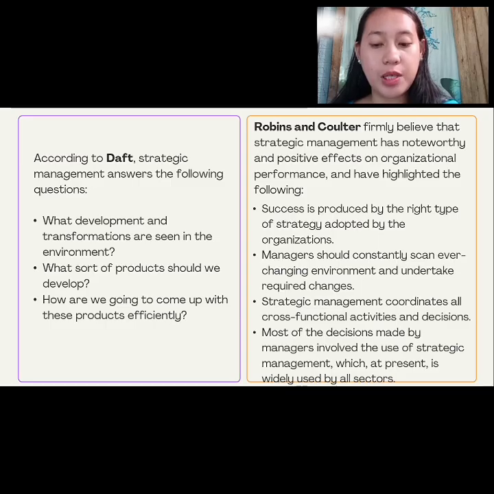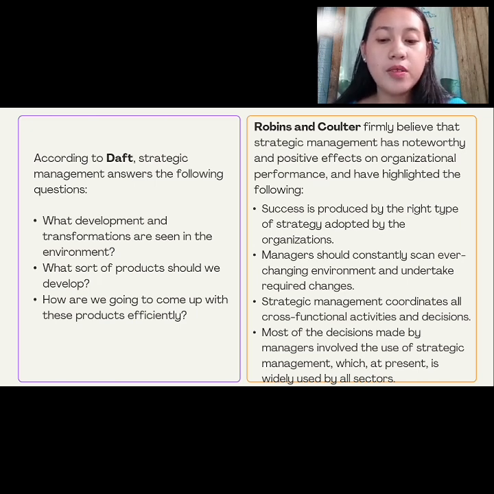And next is, strategic management coordinates all cross-functional activities and decisions. And the last is, most of the decisions made by managers involve the use of strategic management, which at present is widely used by all sectors.